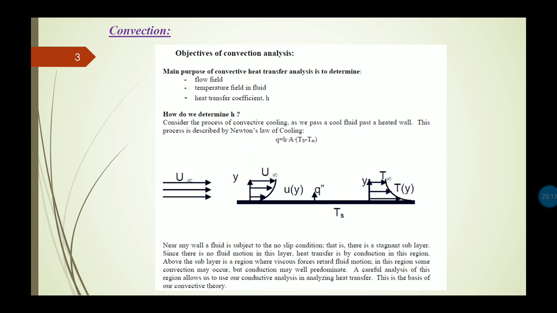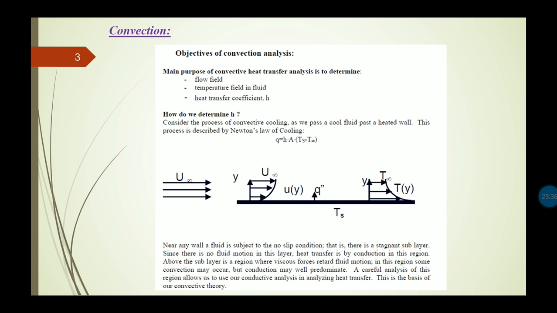Now, how do we determine this convective heat transfer coefficient? Let us consider the process of convective cooling as we pass a cooled fluid past a heated wall. In that case, the process is described by Newton's law of cooling, and the formula is known to us: Q equals hA multiplied by Ts minus T infinity.